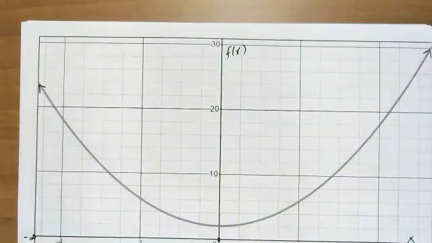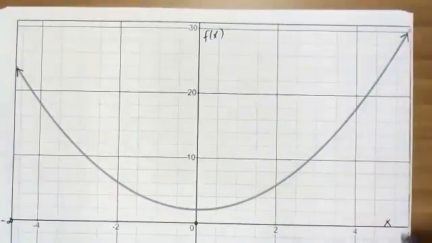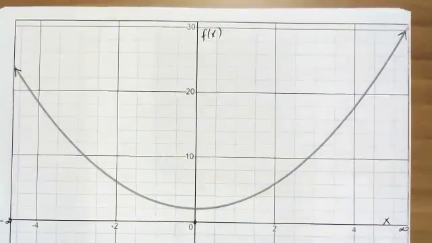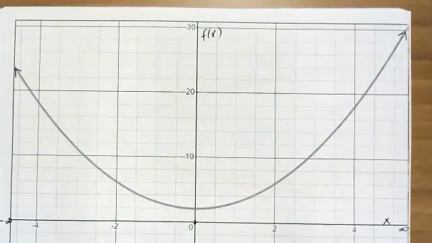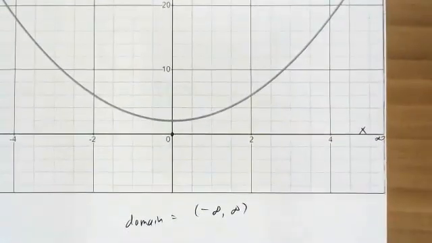Well, it's eventually going to go to negative infinity. And how about to the right? So you'd say, the domain is negative infinity to infinity.